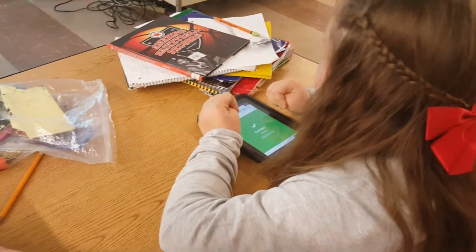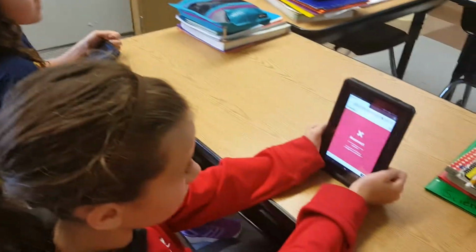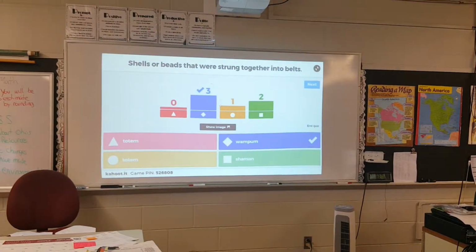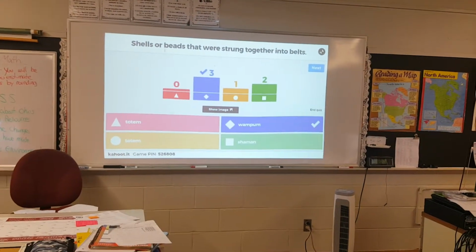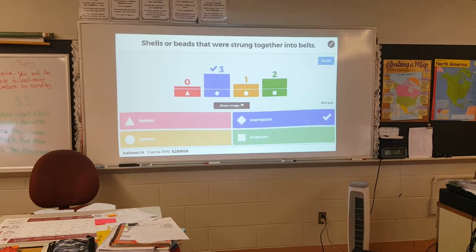And again, the results tell us that 3 of them know the answer, and this one chose totem, and this one, 2 people chose another answer choice here. So again, we're kind of evenly split on this, so we would spend more time discussing what shells or beads that were strung together into belts are called.